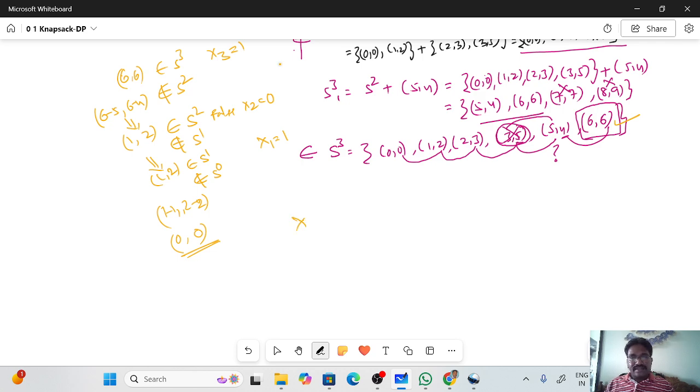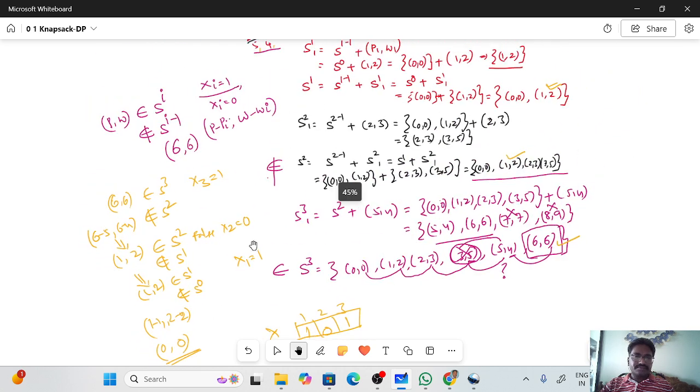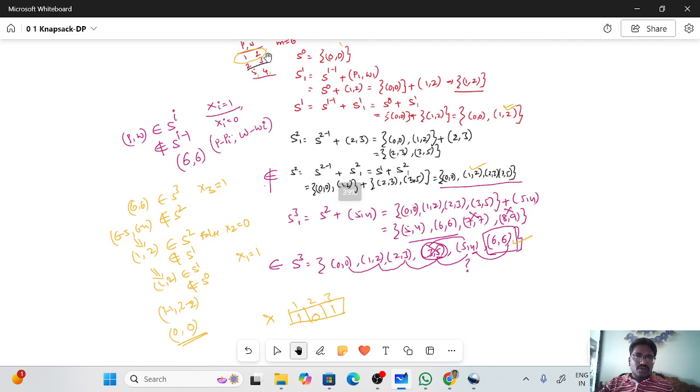Vector x, nothing but 3 items we have: 1, 2, 3. What is x1? 1. What is x2? 0. What is x3? 1. So now observe manually. What is item 1 weight? 2. Plus, which items do you consider? 1 and 3 only.